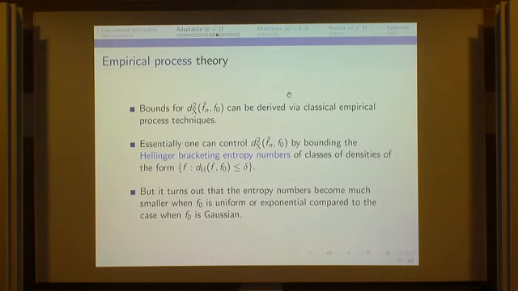Those are some vague ideas. And what we found is that these numbers can be much smaller if our true density is uniform or exponential compared to the case when f0 is Gaussian.